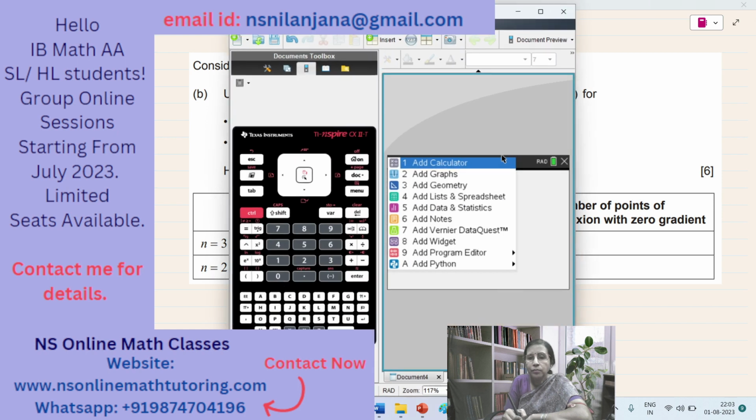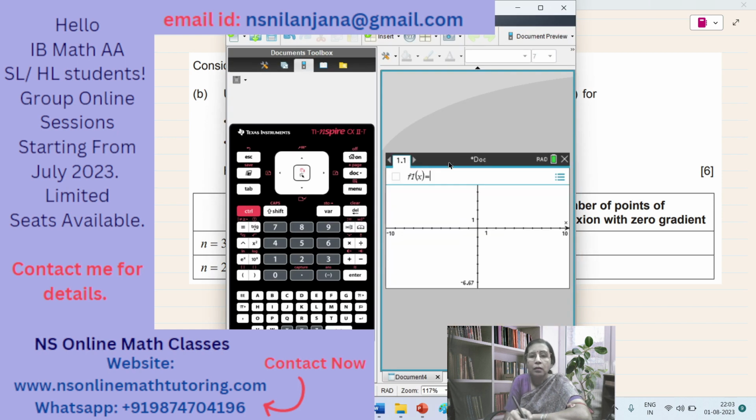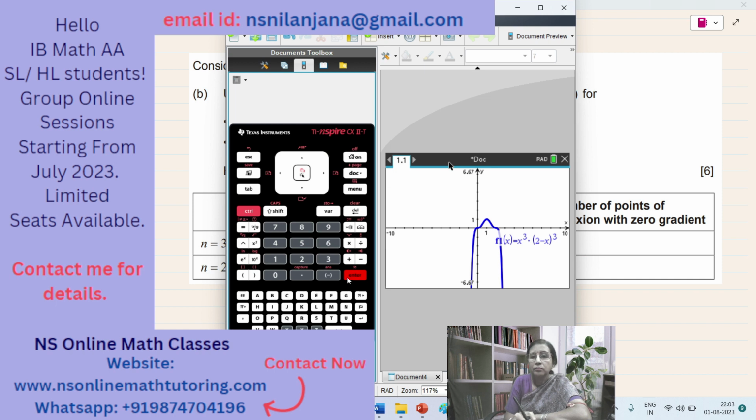So x cube times 2 minus x. For a and b, a is equal to 2, so it will be (2 minus x) whole raised to the power of 3. Okay, enter. Let us just take the settings from -2 to +2.